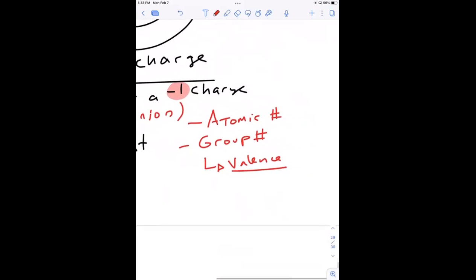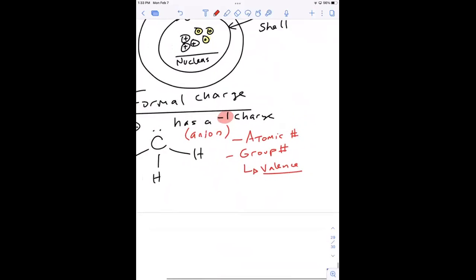So somebody look up carbon on the periodic table and tell me what its atomic number is. Anybody? Don't all speak out at once now. We don't want to crash Zoom.